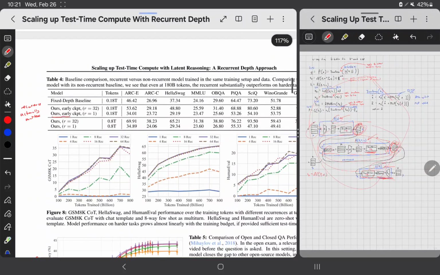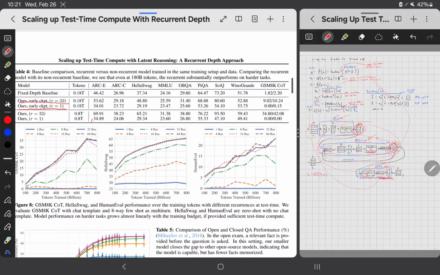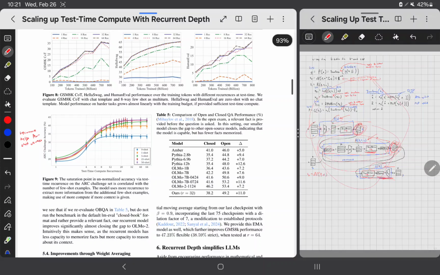If you look at just a single recurrent operation, or no recurrence at all, you just send it through once, or 30 versus 32, it's completely different. The accuracy values here, it's not even close. 34 versus 69, and 34 versus 53. So overall pretty promising.